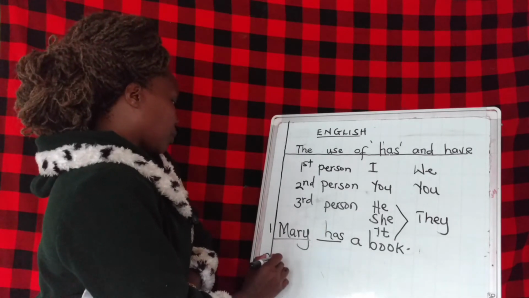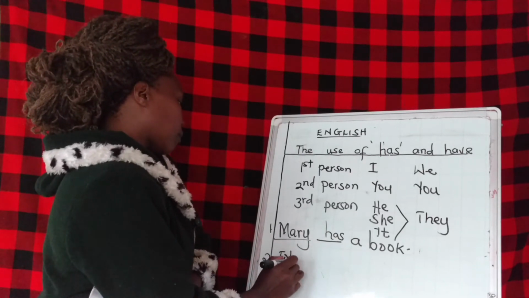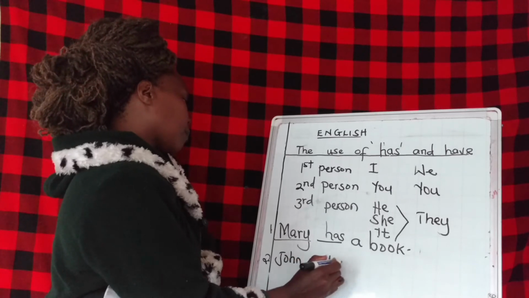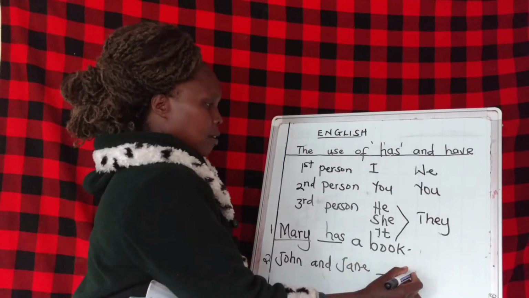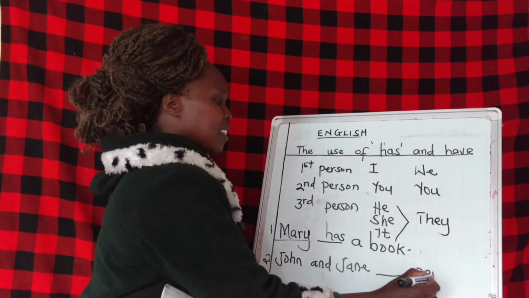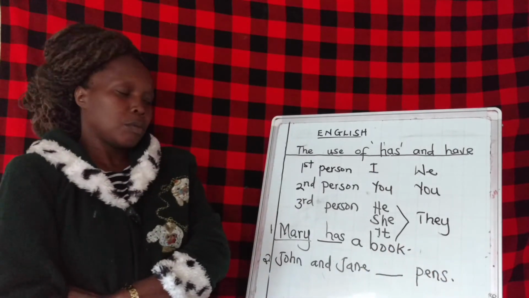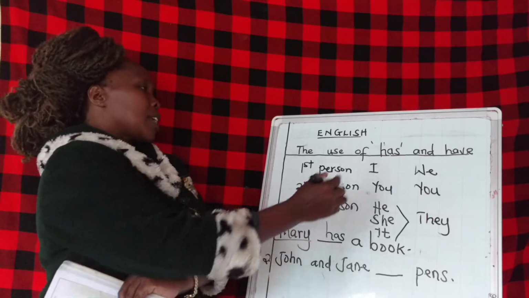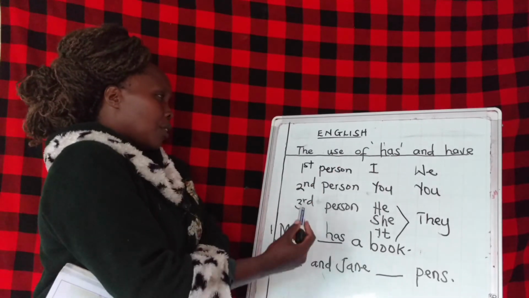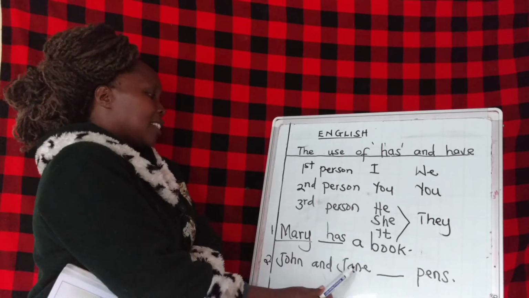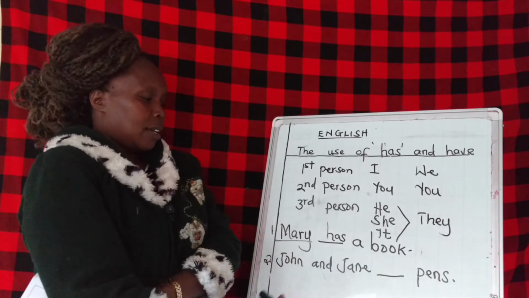Number 2, John and James dash pens. Which word are we going to use? Are we going to say John and Jane has pens? Or are we going to say John and Jane have pens?